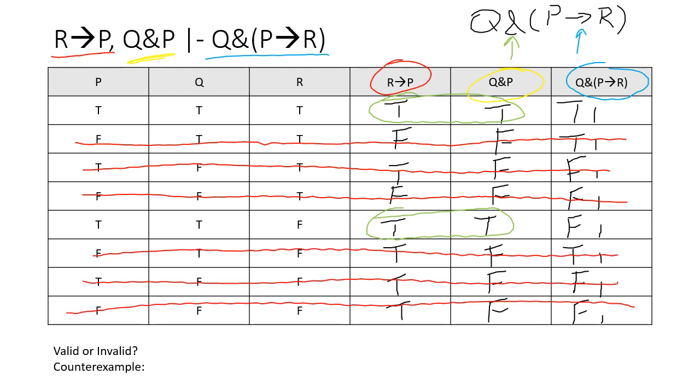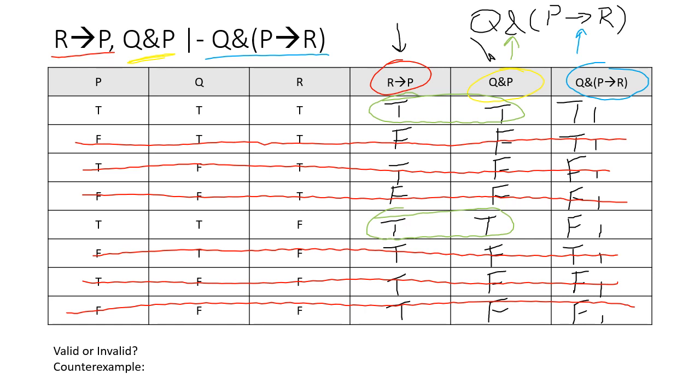Again, we're only looking for instances in which all of the premises are true, which these are our premises, and you can see that in all the ones that I just put a line through, at least one of those is false down that column. The only ones are 1 and 5 in which they're both true.